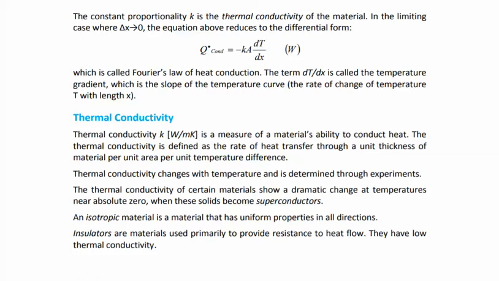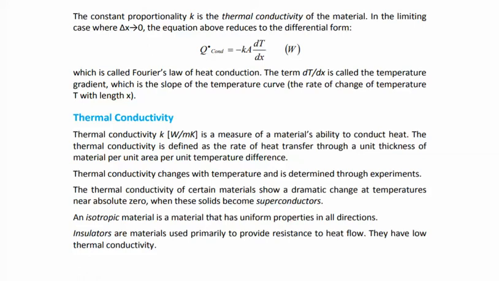The thermal conductivity is defined as the rate of heat transfer through a unit thickness of material per unit area per unit temperature difference. The thermal conductivity changes with temperature and is determined through experiments. The thermal conductivity of certain materials shows a dramatic change at temperatures near absolute zero, where these solids become superconductors.